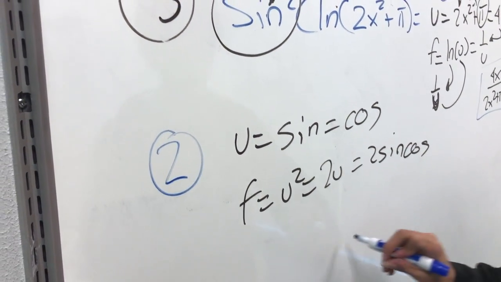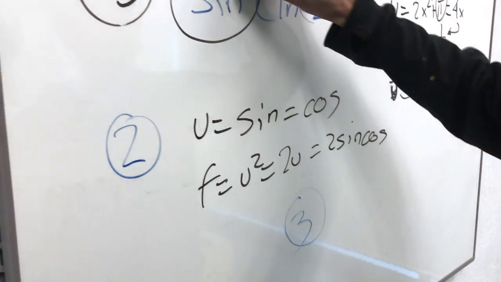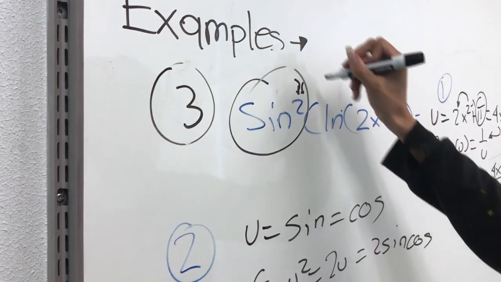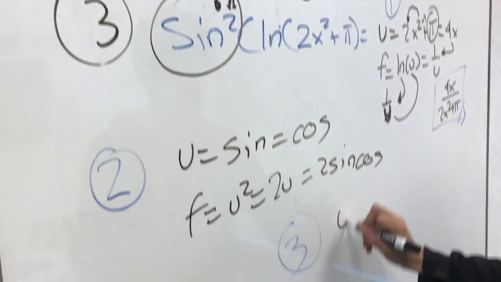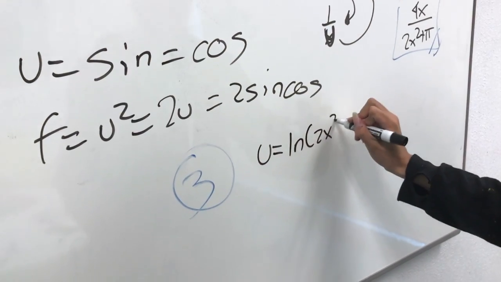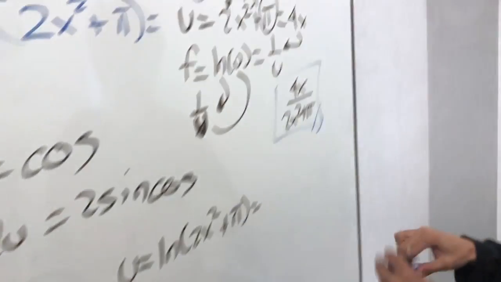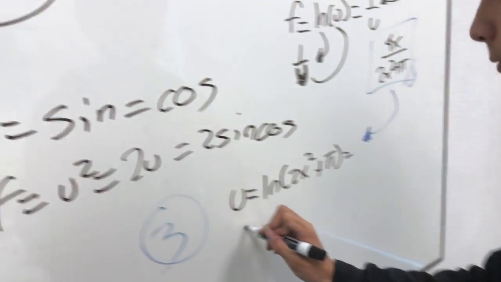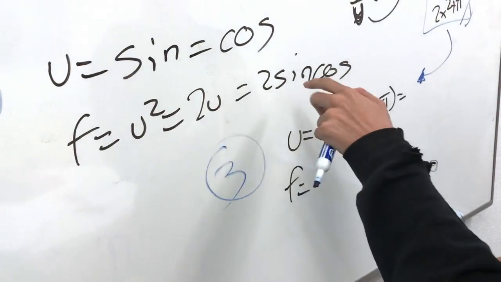And now we get our third step. We define again f and u. Here we're going to have that our u is this one, and our f would be sine squared. Then we solve. We already know the derivative of natural logarithm of 2x squared plus pi, which we got on the first step. So this one is the derivative. And f, which means that this one is our derivative.